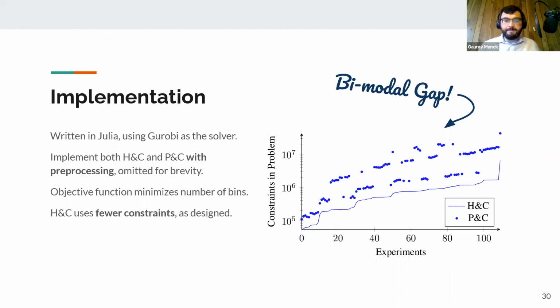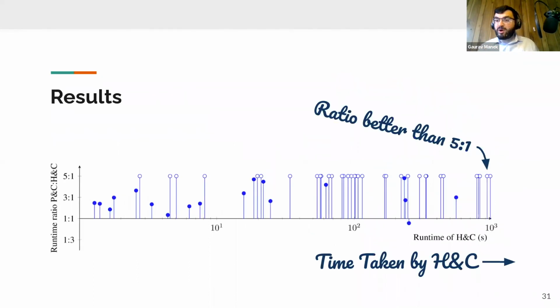And now finally, once we have this implementation, we actually use it to solve a selected subset of the standard Unibo data set I just mentioned. And we plot a comb plot showing the speed up ratio that Hough and Cover achieves over positions and covering.